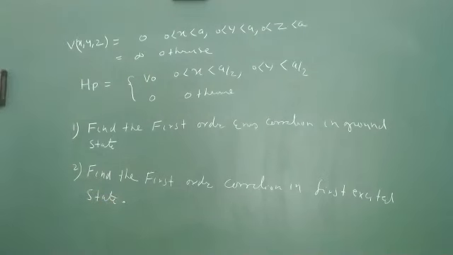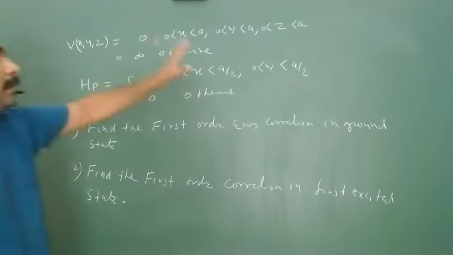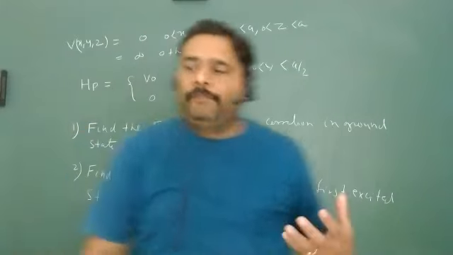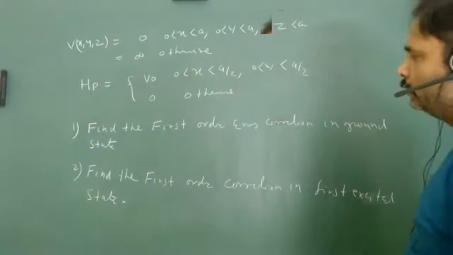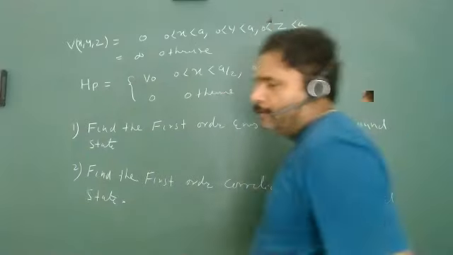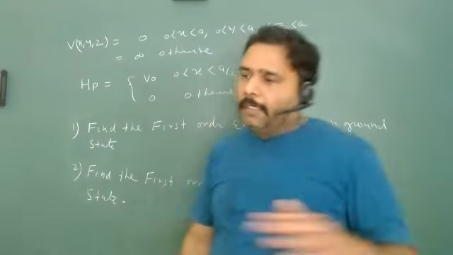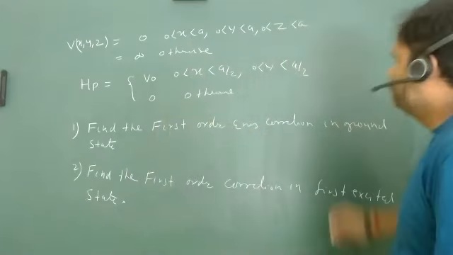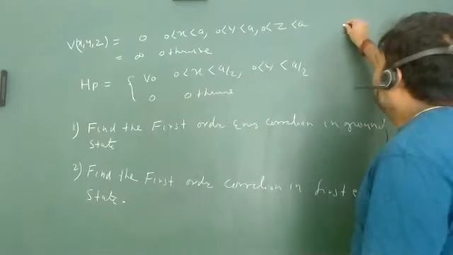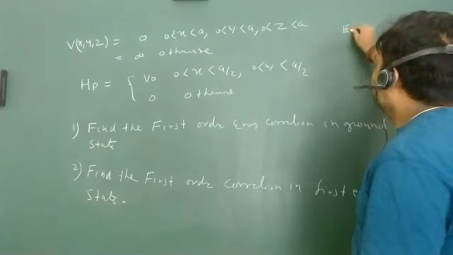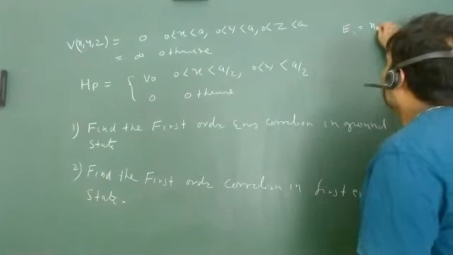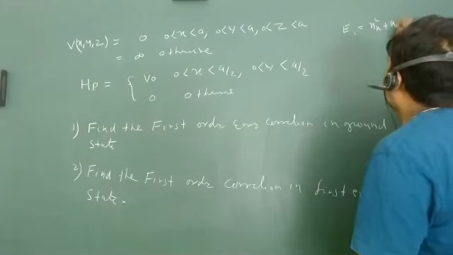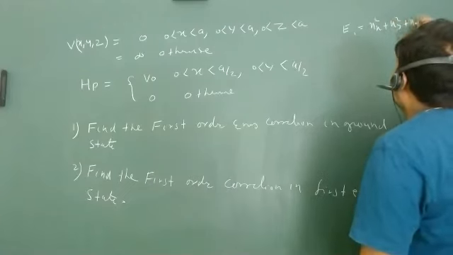This is very interesting. So now, please tell me what will be your ground state? What will be the energy eigenvalue for the ground state of this system? That will be En equal to nx square plus ny square plus nz square, times E naught.